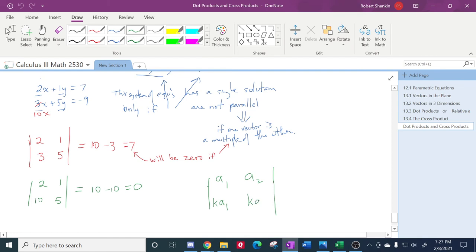K, A2. So if this vector is a multiple of this vector, now let's take the determinant. When you multiply across here, you get k times A1, A2. Multiply across here, you get k, A1, A2. You're going to get 0.